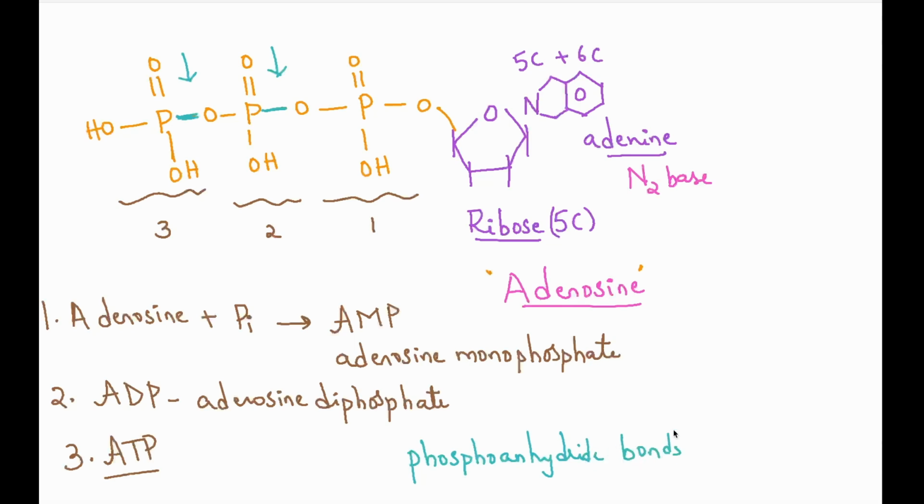So in the first step, the first phosphate group can be broken down to generate ADP, and if required, one more phosphate can also be liberated to finally generate adenosine monophosphate. So there are two high energy bonds in the structure of ATP molecule that can be broken down to release energy that can power most of the biological processes.